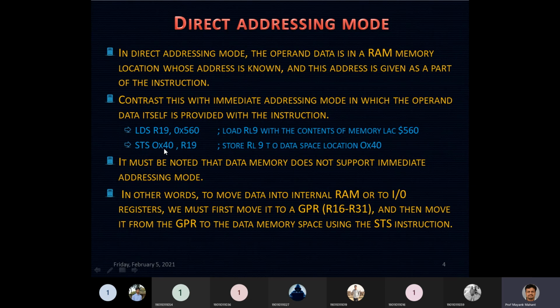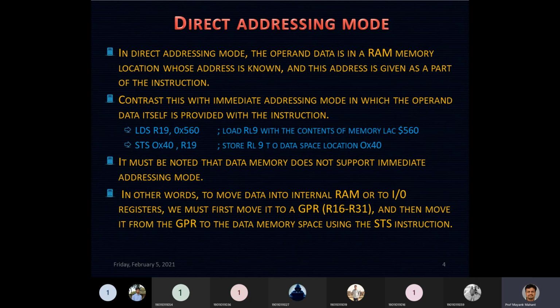Same way we have an STS instruction where the data of R19 is stored into the memory location. It must be noted that the data memory does not support the immediate addressing mode. The RAM section always supports the direct addressing mode.